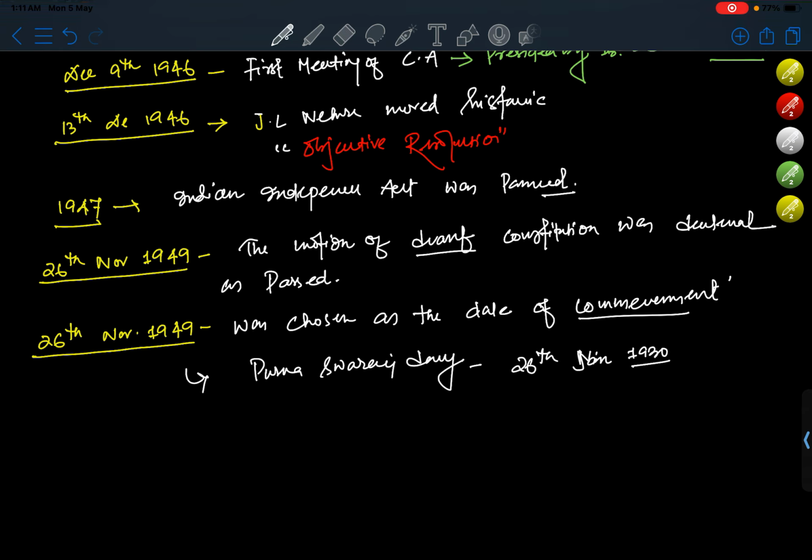So to give that date importance, 26th January 1950 was chosen. Not November, it's 26th January. On 26th January, our constitution was commenced.